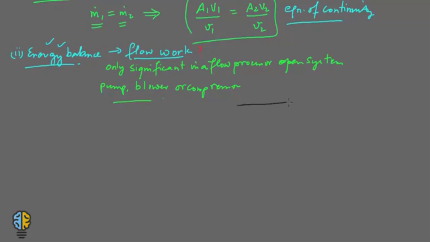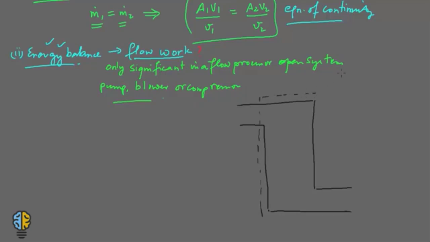So let us draw an open system. This is how your open system would look. And let us draw an imaginary boundary across it, and this would be your control surface.